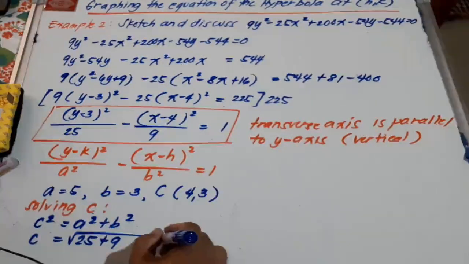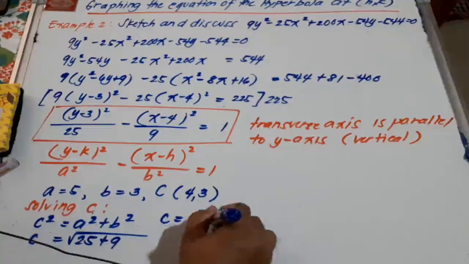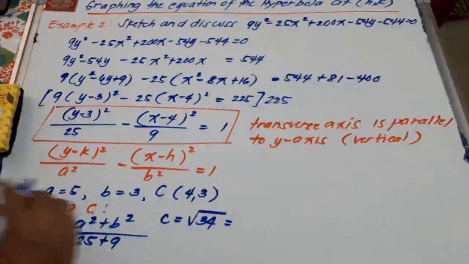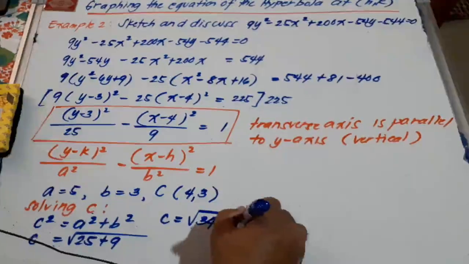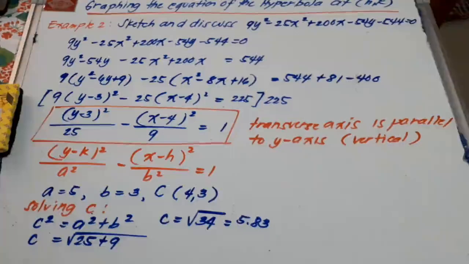So c equals square root of 34. In decimal, the value of square root of 34 is 5.83. So, 5.83 yung ating c. Solve rin natin si LR tsaka equation of asymptotes.